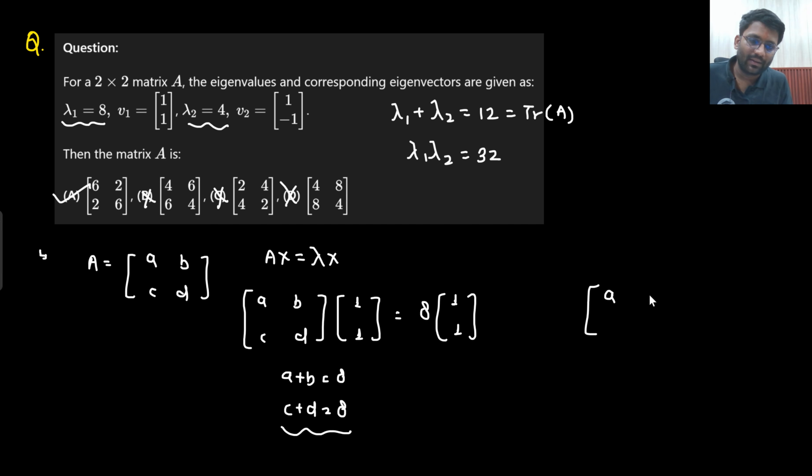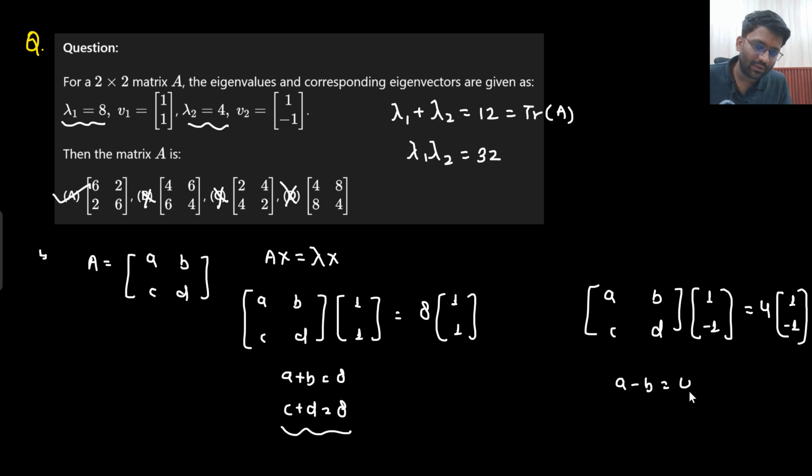But without checking the options, how will I solve it? That I am telling. The other eigenvector is 1, minus 1 and the eigenvalue is 4. So a minus b equals 4 and c minus d equals minus 4. From here what do you see? a equals 6 I am getting, b equals 2 you are getting.